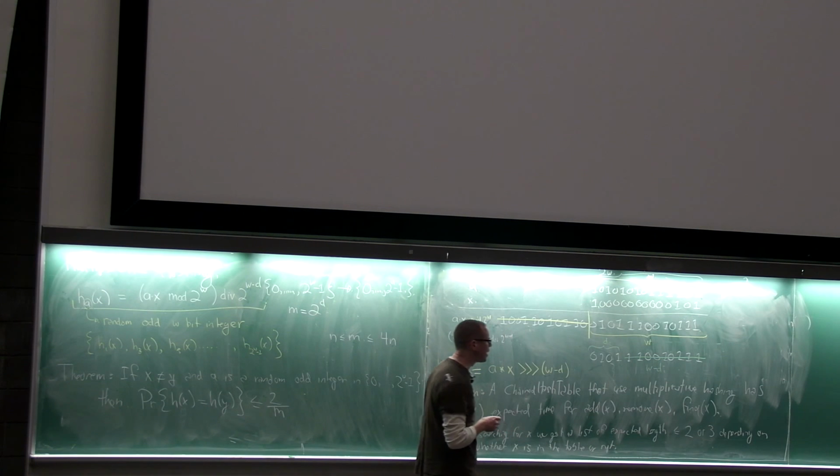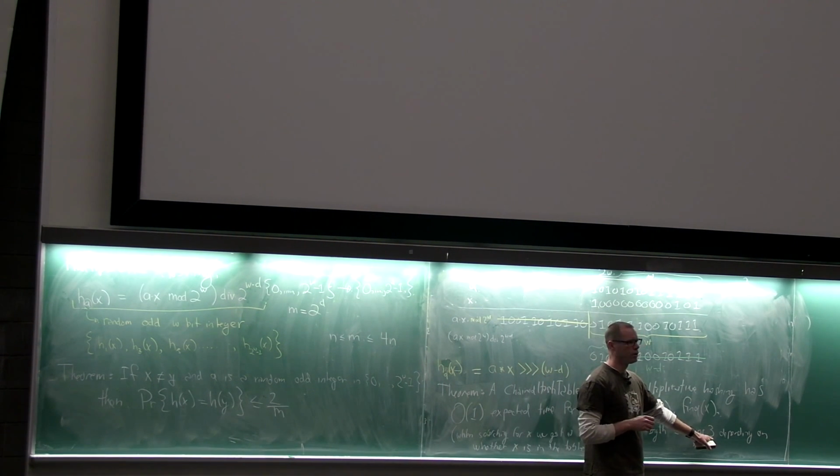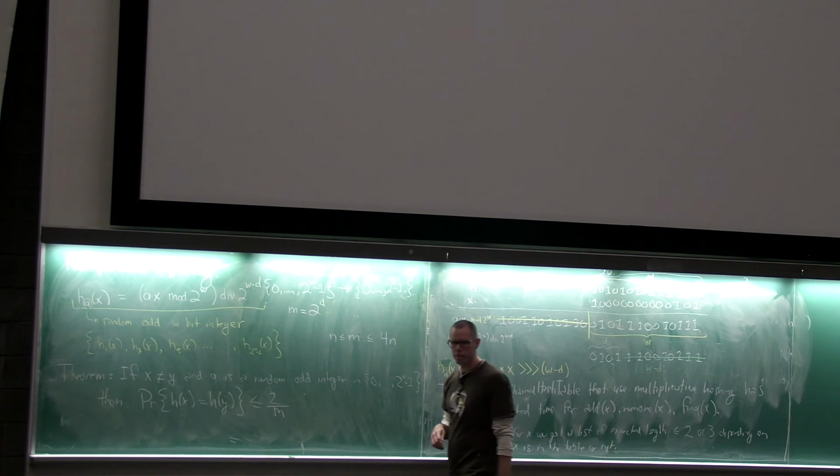So if we search for something in the table, then the expected length of the list we're searching is less than or equal to 3. It's 2 other elements plus the one we're searching for. If it's not there, then there'll be 2 other elements on it.